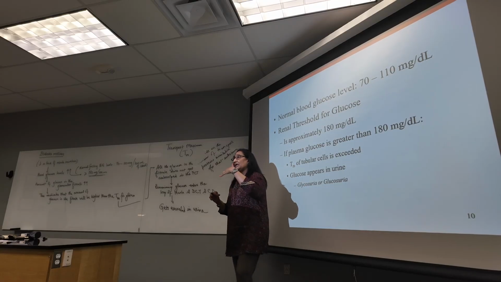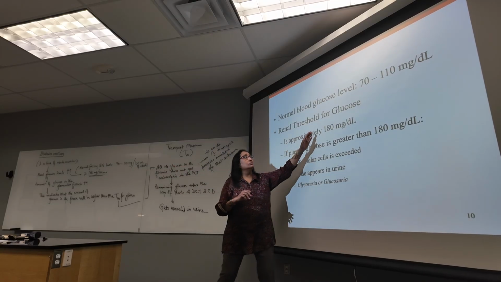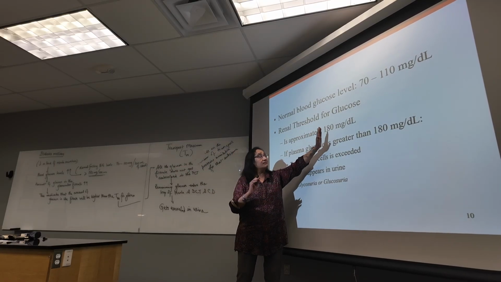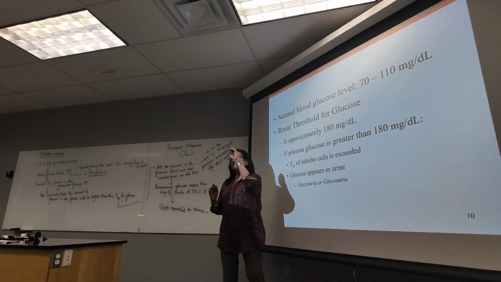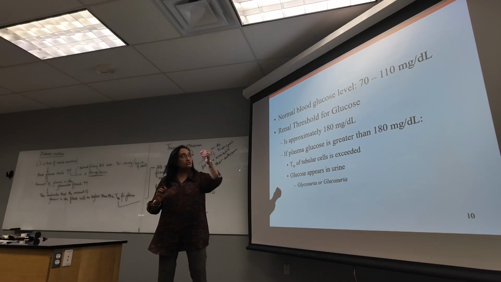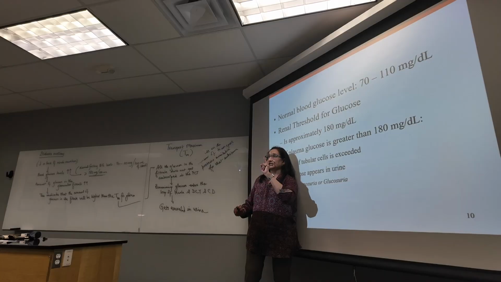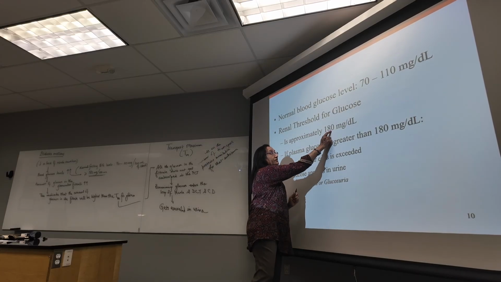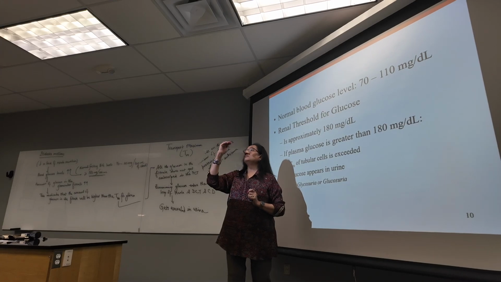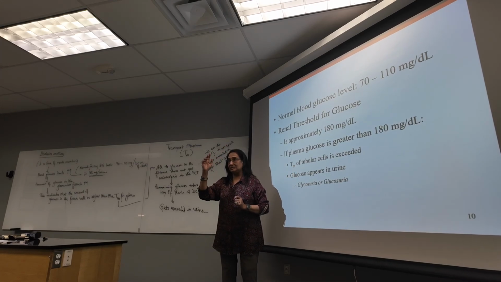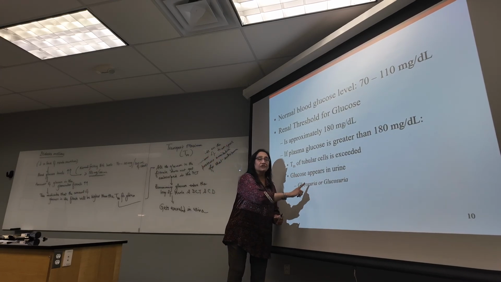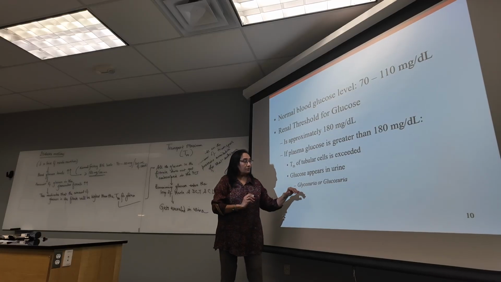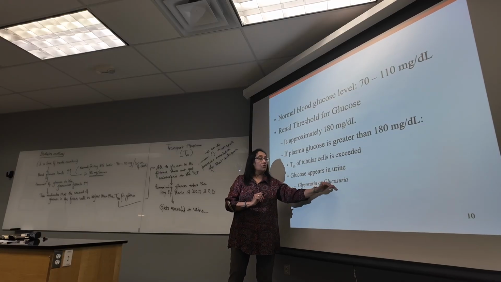So even if you have a heavy carbohydrate meal, if your blood sugar level stays within 180, you're fine. Even if you test your urine, you will not find glucose in it. But the moment your blood sugar level goes higher than 180, you will definitely find glucose in urine. We call it glycosuria or glucosuria.